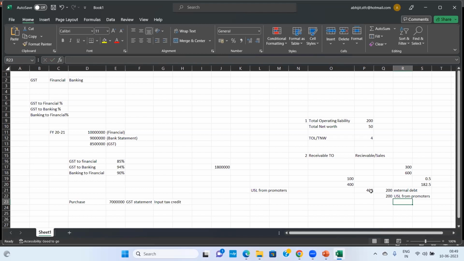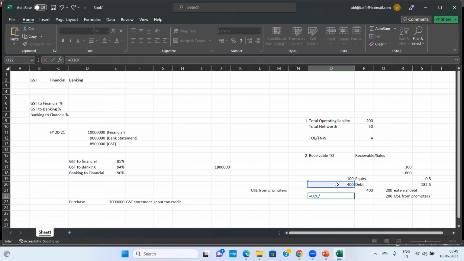Right? So normally if my equity and debt is this, what is my debt to equity ratio? It is 4, right? Debt to equity ratio is 4.